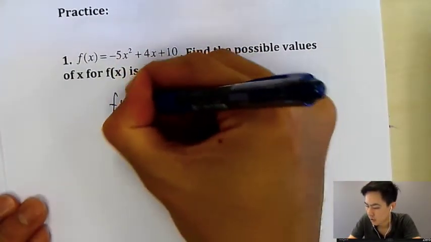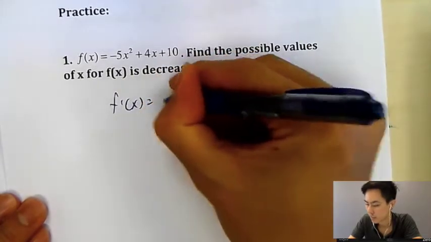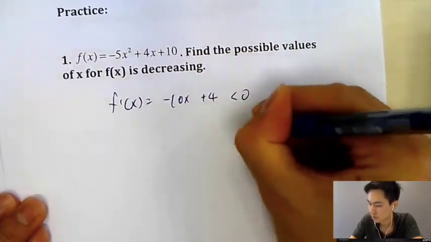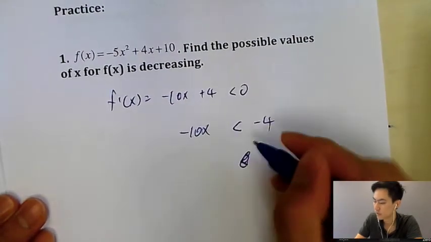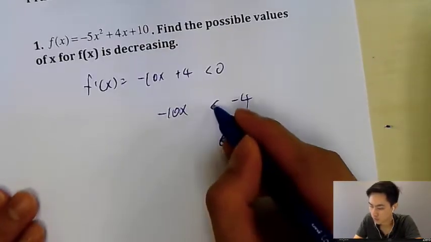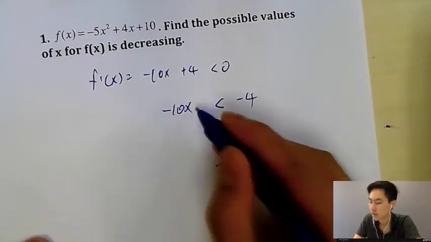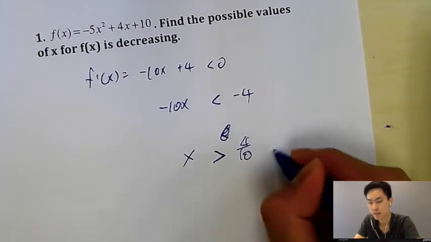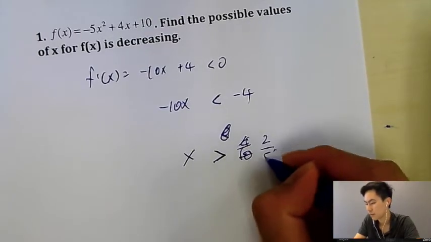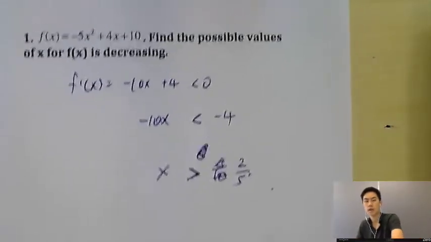Differentiate, smaller than 0, right? Minus 10x plus 4 smaller than 0. Minus 10x smaller than minus 4. Whenever you divide or multiply by negative numbers, you have to swap the sign, change the direction. So that would be x bigger than 4 over 10, so that is 2 over 5. So x is bigger than 2 over 5, that's it.